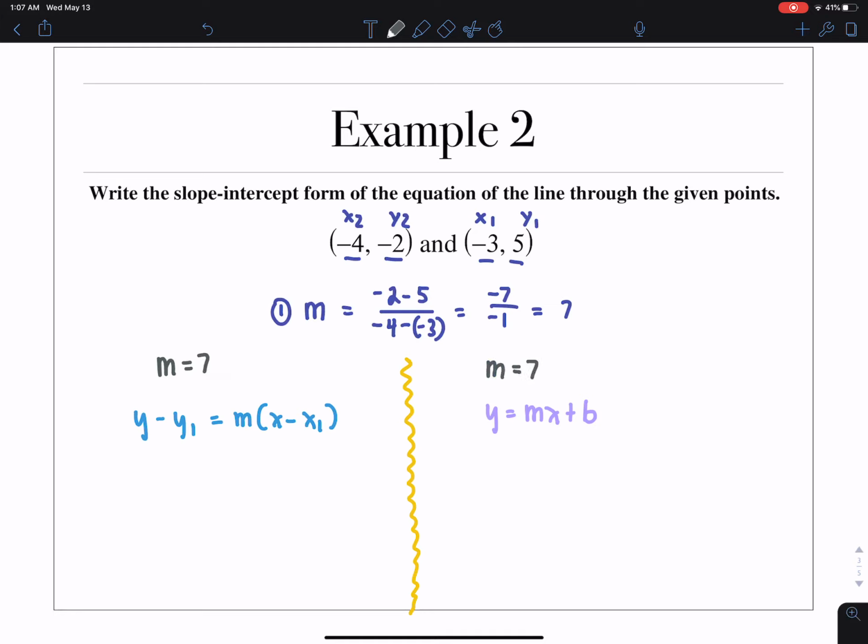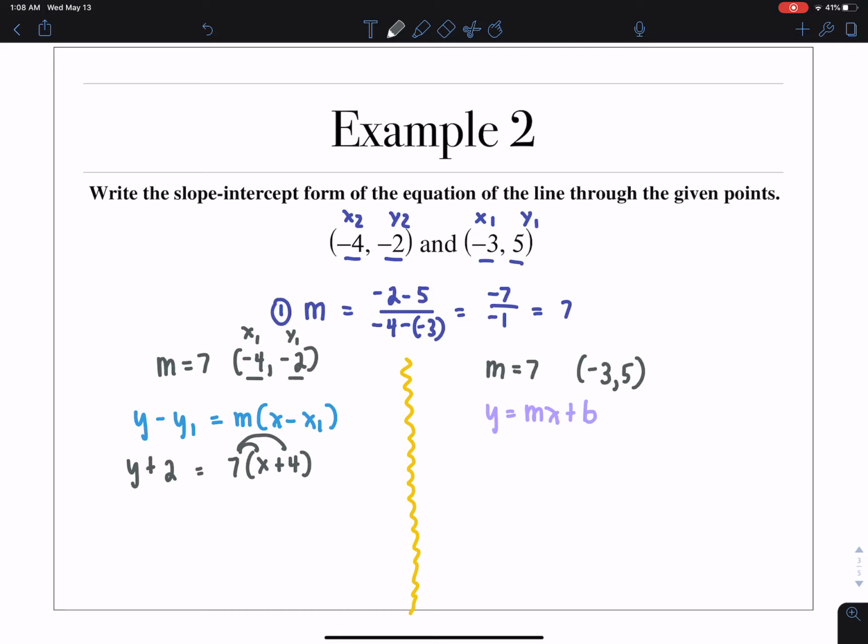And then for the first one, I'll use the point negative 4, negative 2. And then for the second one, I'll use the point negative 3, 5. So in our first equation, y minus negative 2, so there's x1 and y1, which is going to be y plus 2, so it's the opposite sign, so be careful with that, equals 7 times x minus negative 4, which would be plus 4.